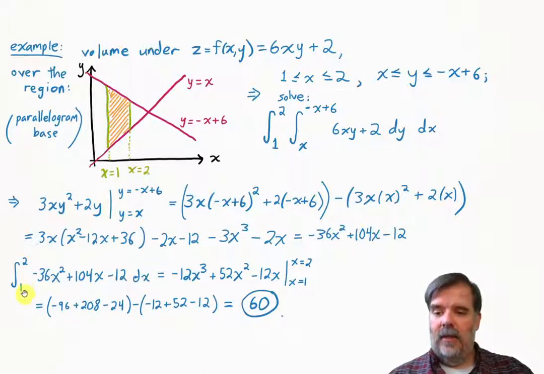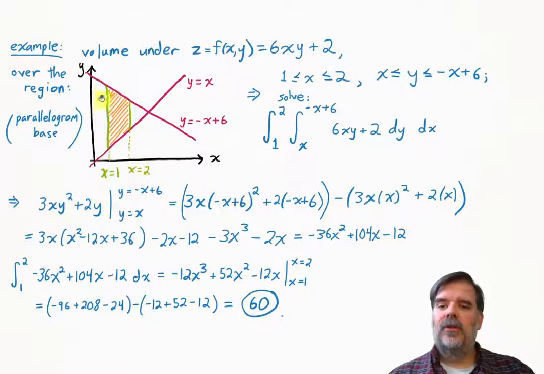Then we integrate that from 1 to 2. The antiderivative, again, just uses the power rule, increasing the exponents by 1, dividing by your new exponents, and then evaluate that from x equals 1 to x equals 2. So plug 2 in for x, minus plug 1 in for each x. And when you simplify, I think you'll find that the volume turns out to be 60.